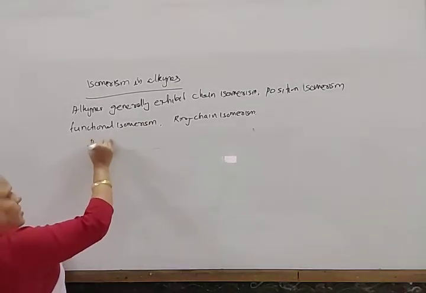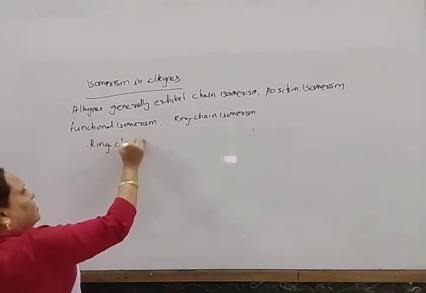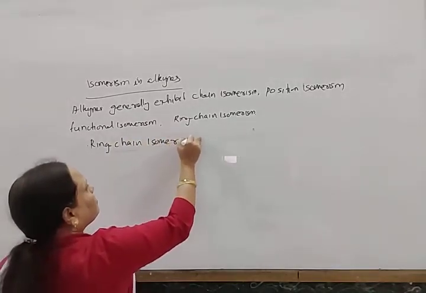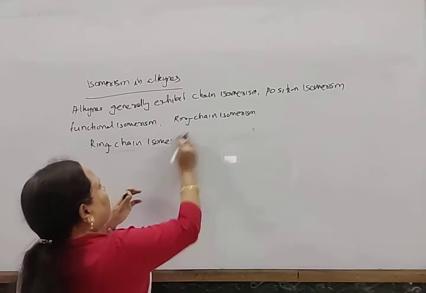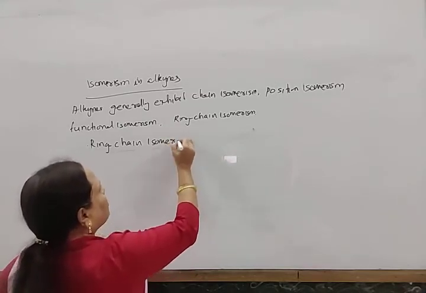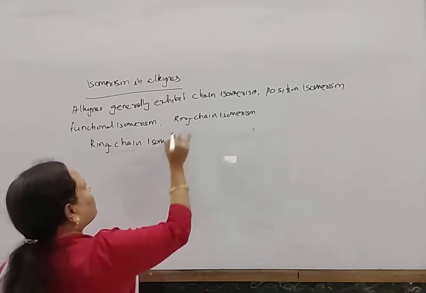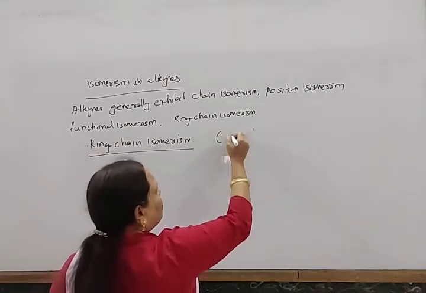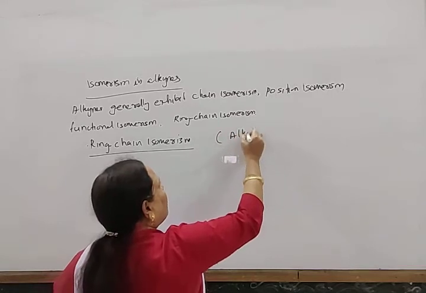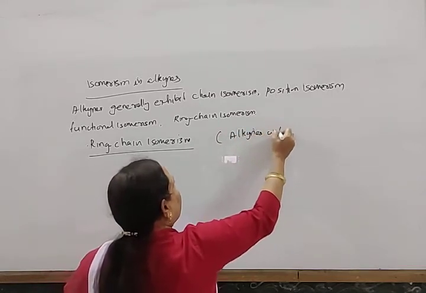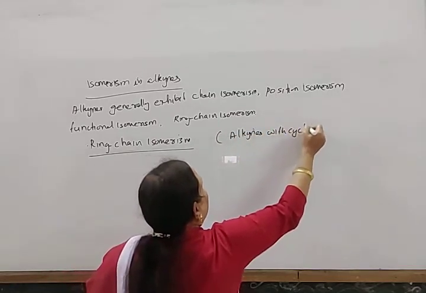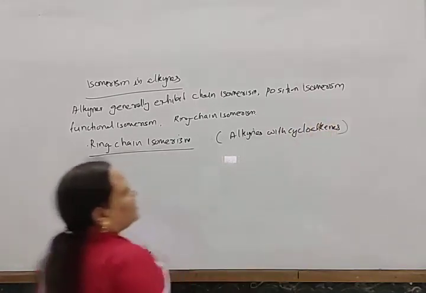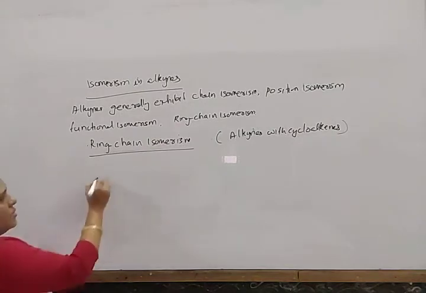Alkynes with cycloalkenes exhibit ring chain isomerism.